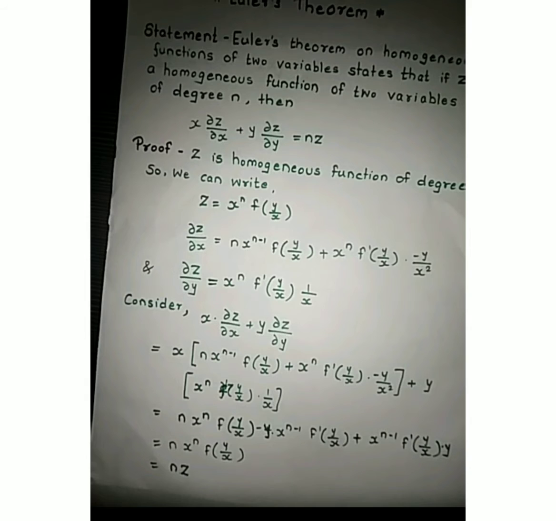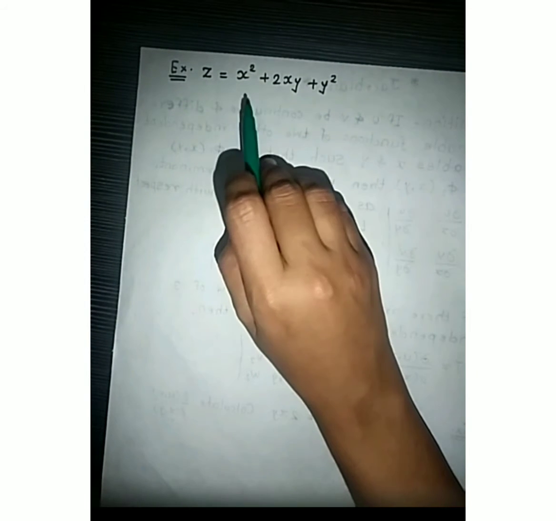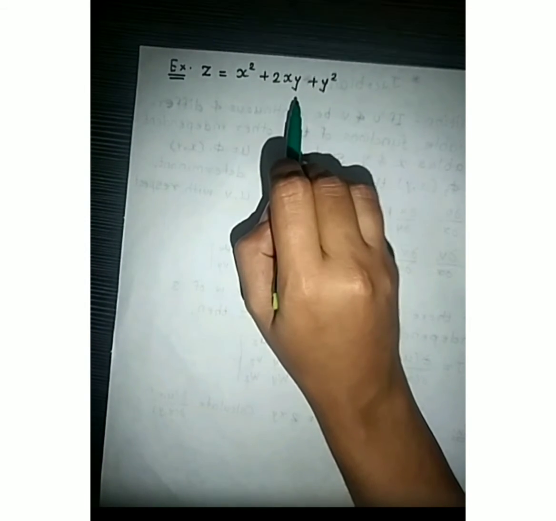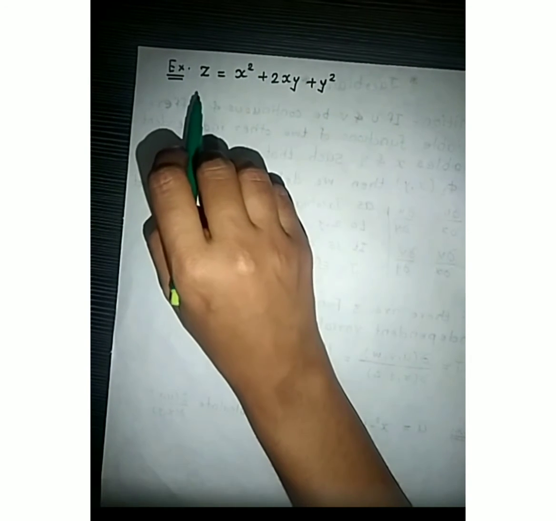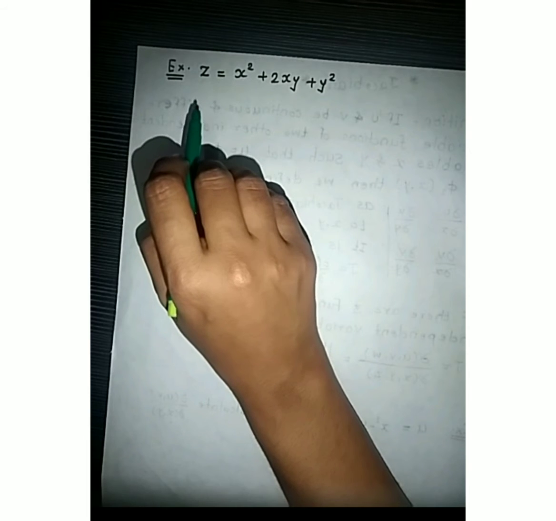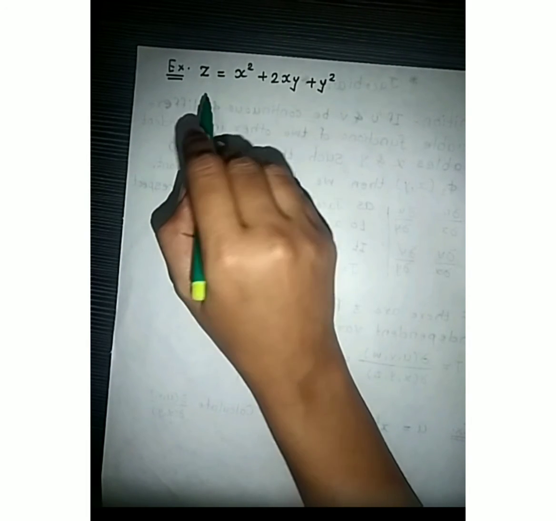So let us take an example on this theorem. Let z is equal to x square plus 2xy plus y square. So this is a function. We have to verify Euler's theorem for this function. So first, whether this is a homogeneous function or not.